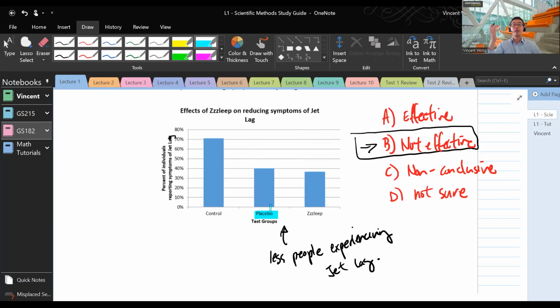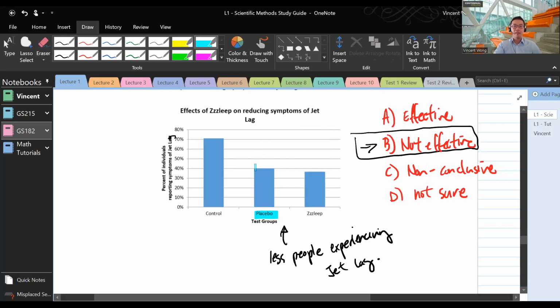If you are actually experiencing jet lag and you take the sugar pill, it should do absolutely nothing for you, and it should be as high as or similar to the control group. And if the pill is actually helping you, then it should be significantly lower than both the control group and the placebo group. Okay? So that's how it is.